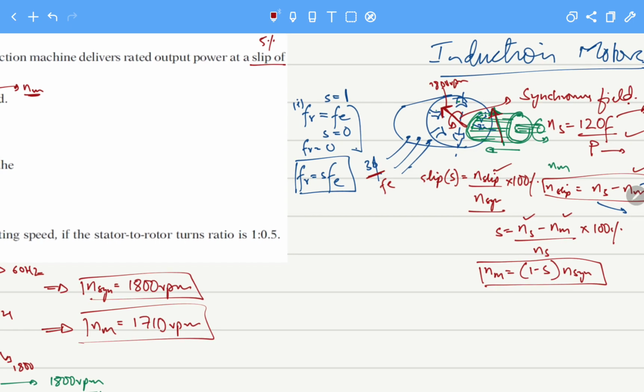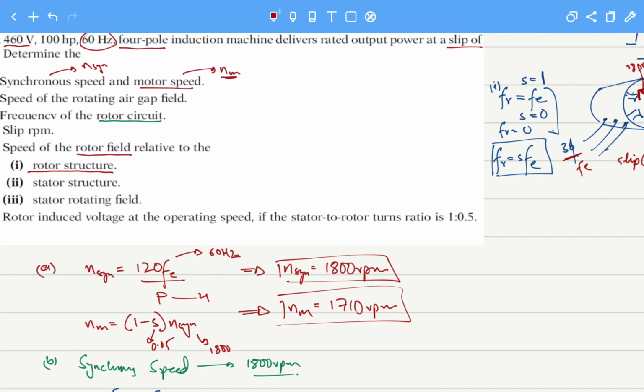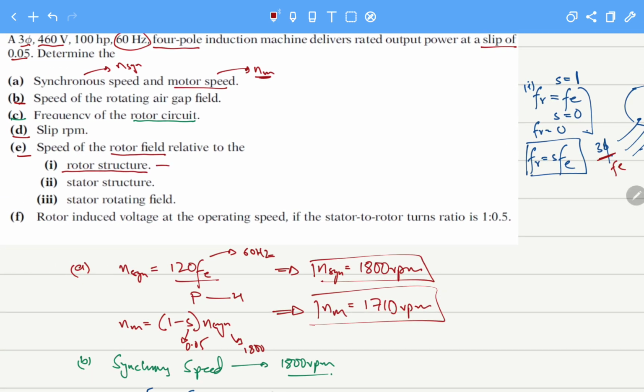For the rotor, the field being induced by the synchronous field lags because the rotor's mechanical speed is lower than the synchronous speed. So for the rotor structure, this would be 90 RPM. This is the actual speed the rotor experiences because it is slower than the synchronous field.